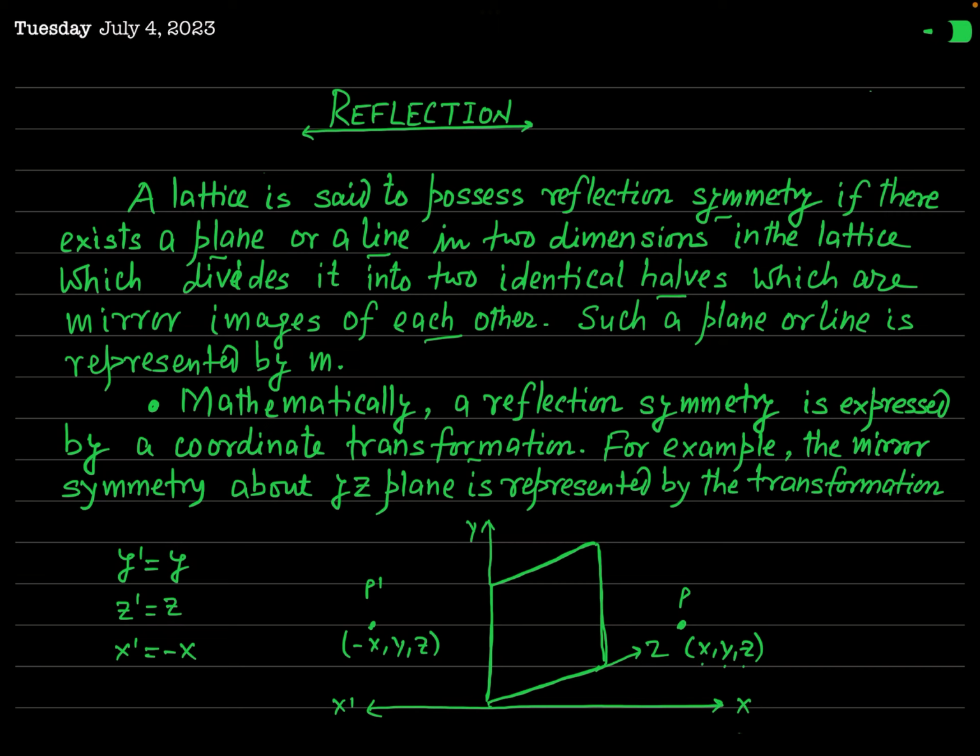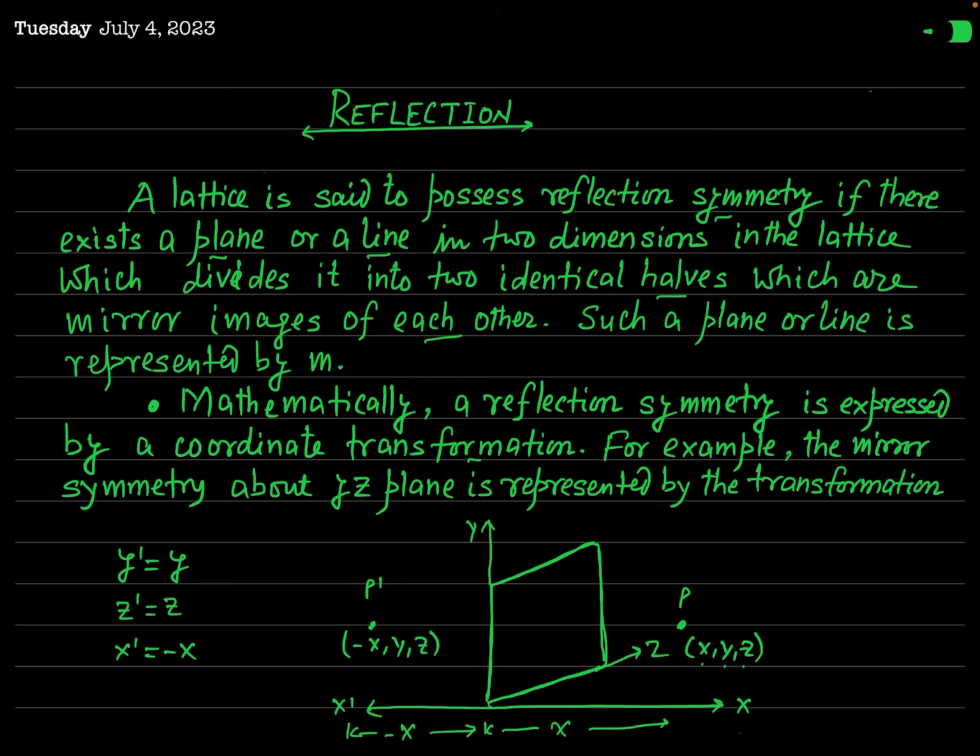The y and z coordinates will remain the same. Since the x-axis is perpendicular to the yz plane, if this distance is equal to x, then this distance will also be equal to x, but since it is on the negative side, it is represented by minus x.